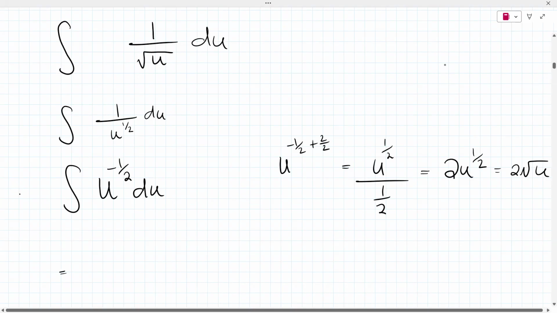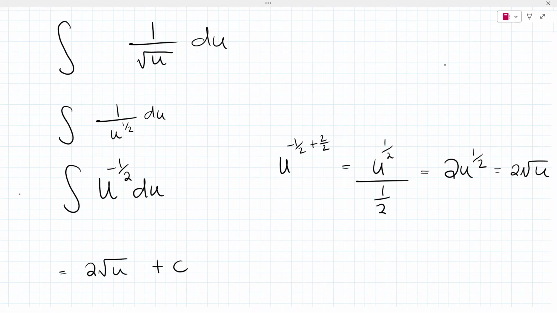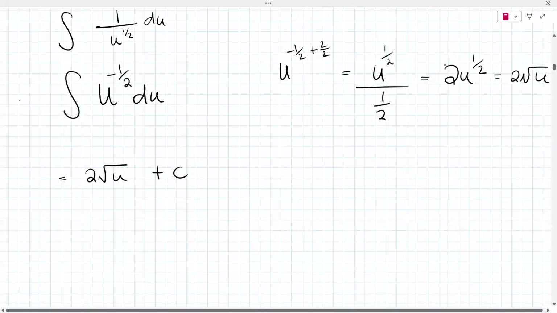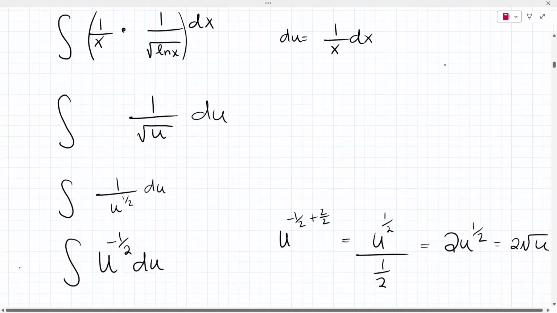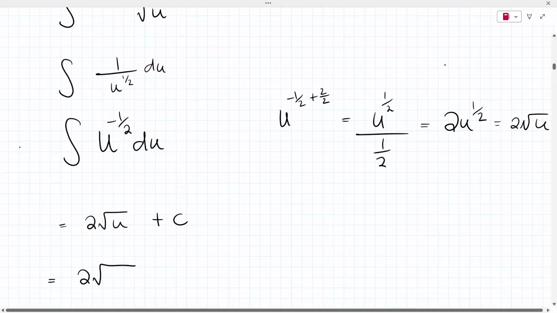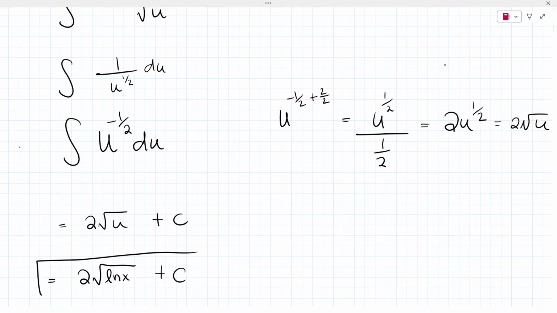So this simplifies as 2 square root of u, and then don't forget the plus c. And then you can replace your u with ln of x. Okay, that's your final answer.